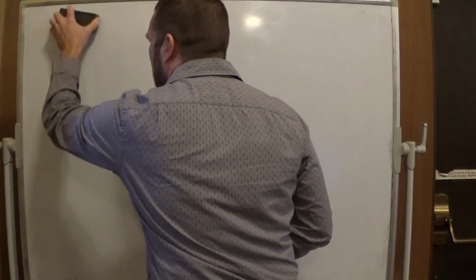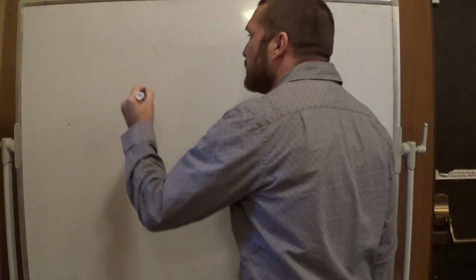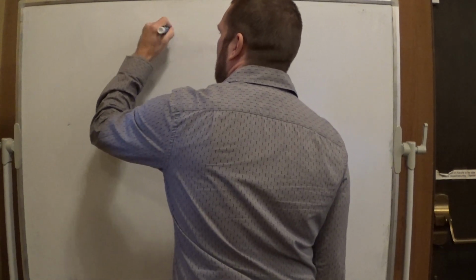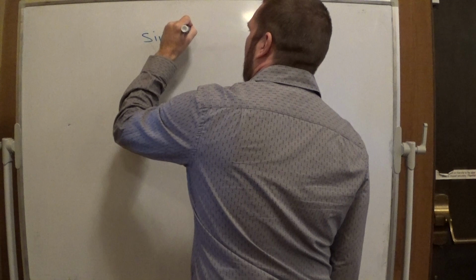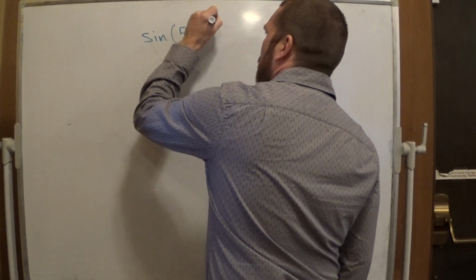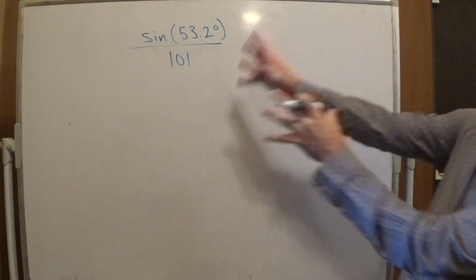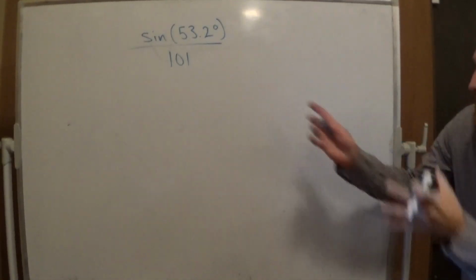But there's a catch. I give it in degrees. And I am looking for an exact answer. The way that you do exact answers in degrees is if your answer happens to be, say, sine of 53.2 degrees over 101, that's an exact answer.